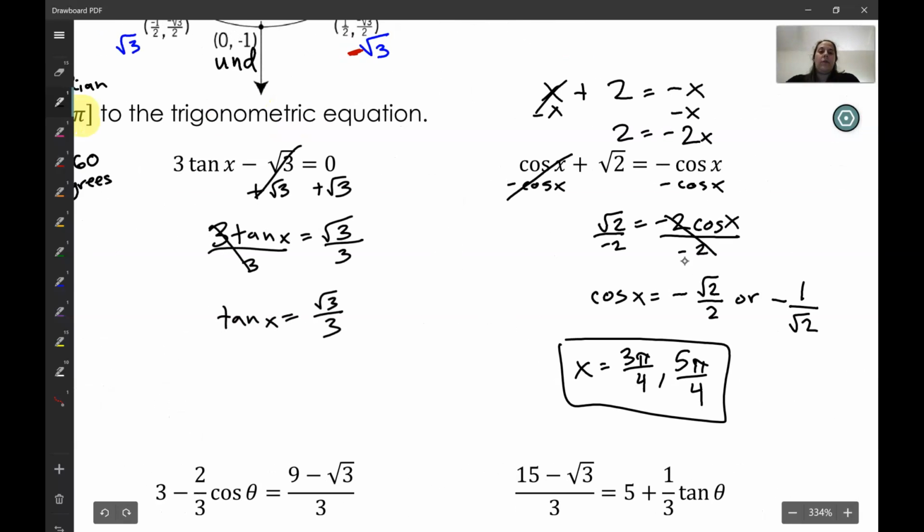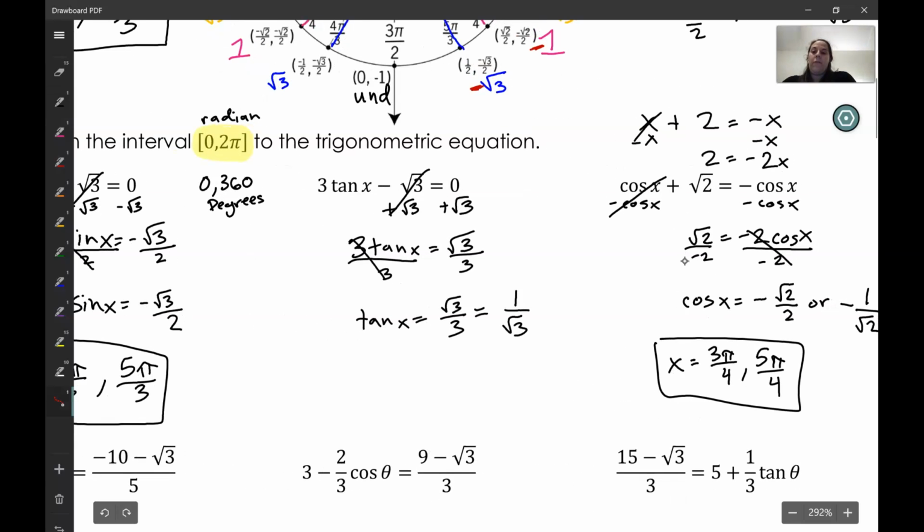Now, let's actually reference this one over here. Remember, we've said all chapter long, root 2 over 2 is the same thing as 1 over root 2. So, root 3 over 3 is going to be the same thing as 1 over root 3. So we are looking for a tangent value of 1 over root 3.